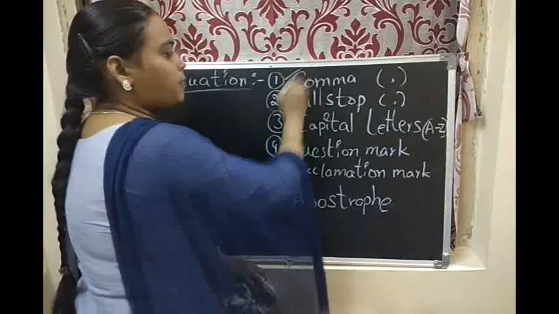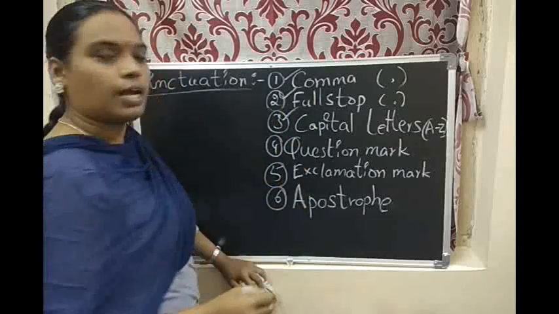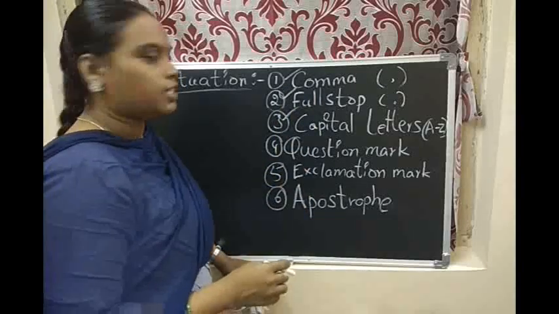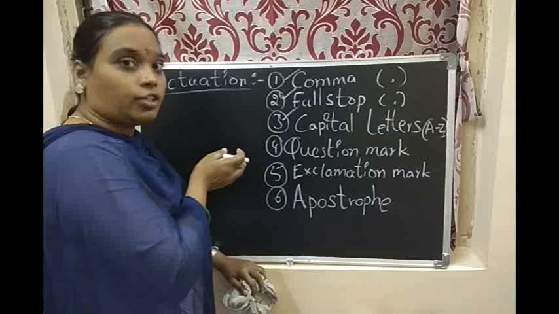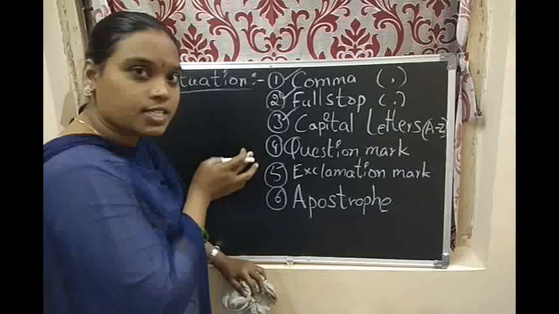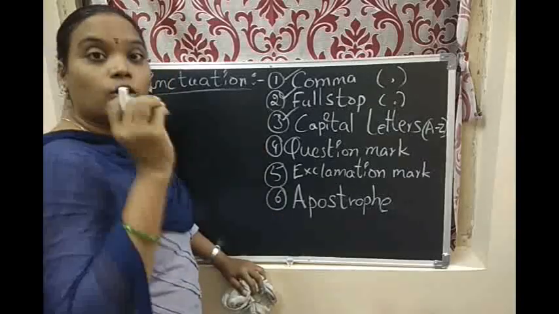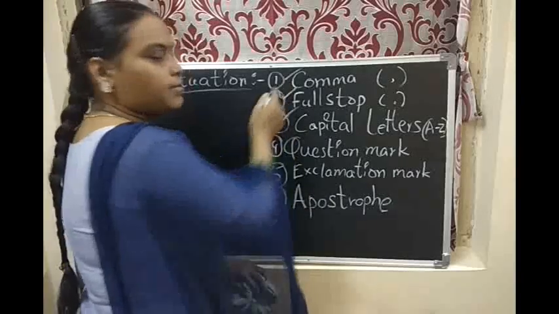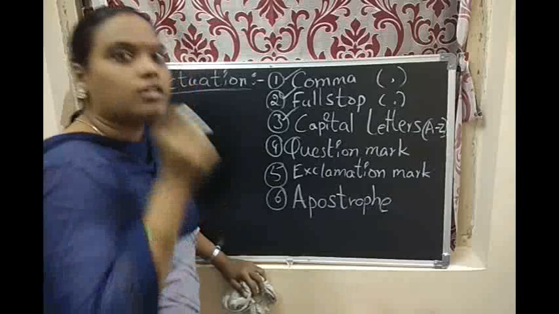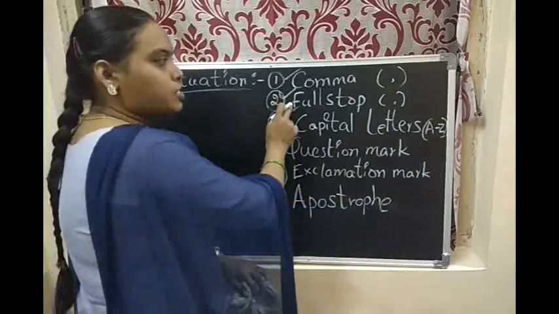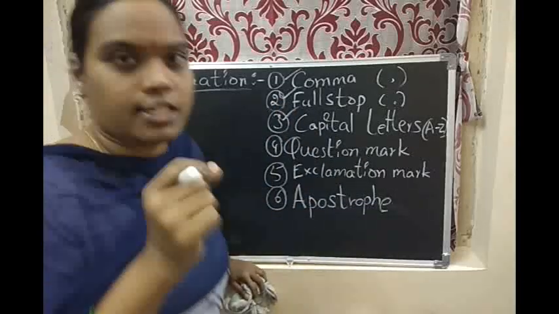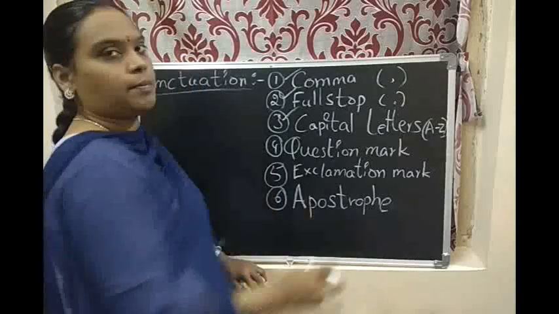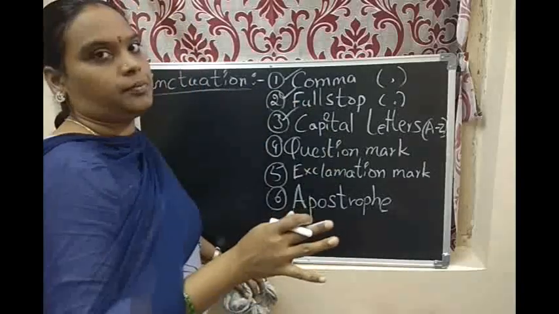So comma, full stop, capital letters. Are you able to understand? Hope you understand what are those. Only oral, by oral I am giving you explanation. Comma means whenever we are giving pause, then we are using comma. Full stop, end of the sentence we have to use full stop. That means the task completed.